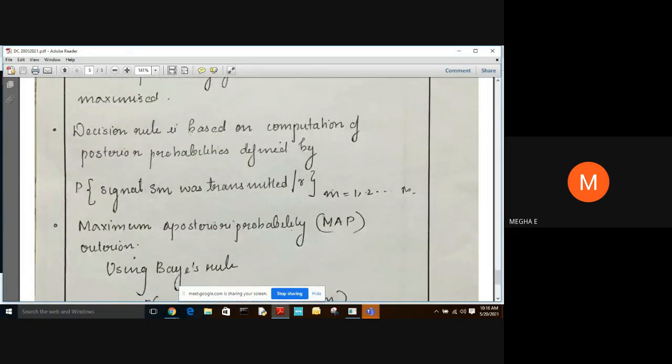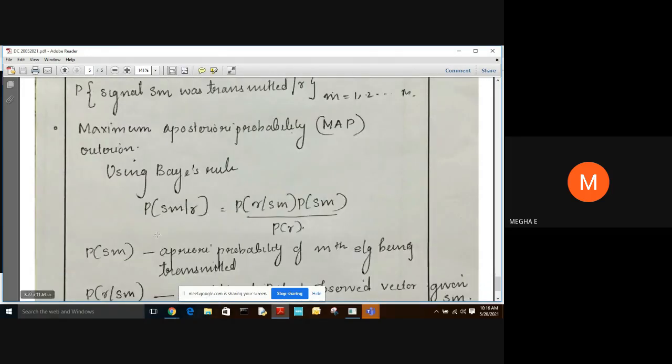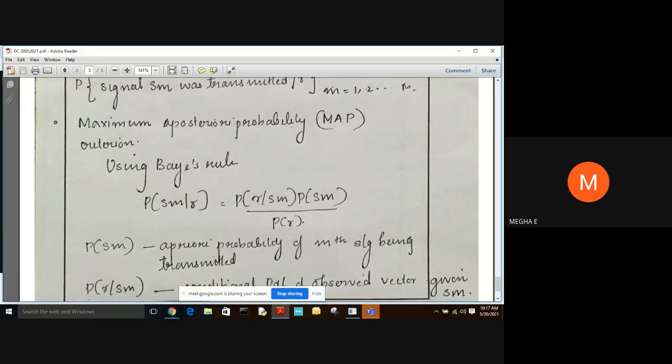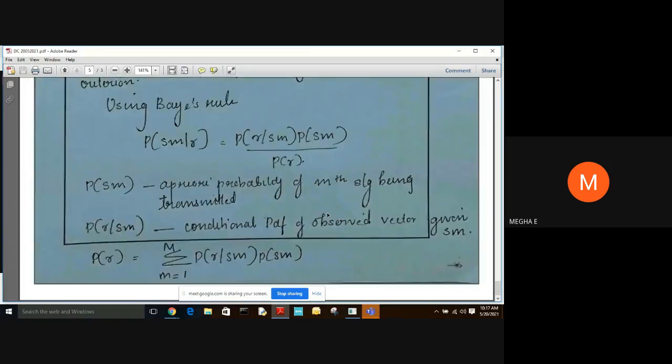The decision rule which it governs is the posterior probability, and it obeys Bayes' rule. It is also known as the maximum a posteriori probability, that is the MAP criterion, and it follows Bayes' rule: P of Sm given R is nothing but P of R given Sm into P of Sm divided by P of R. I hope it's clear.